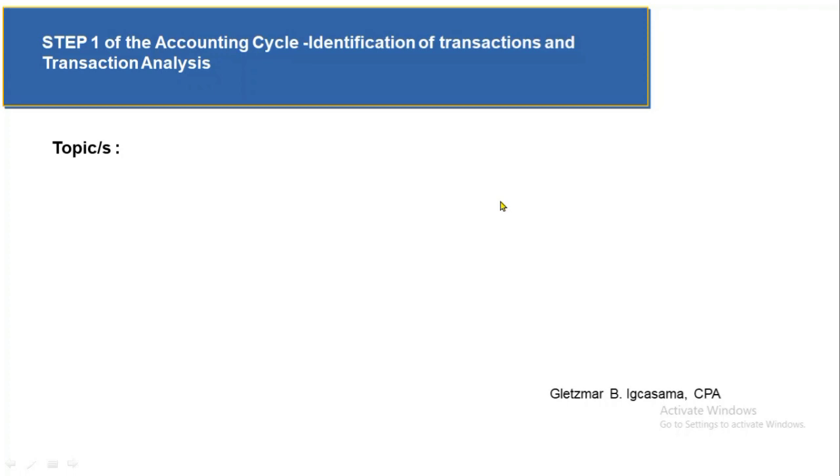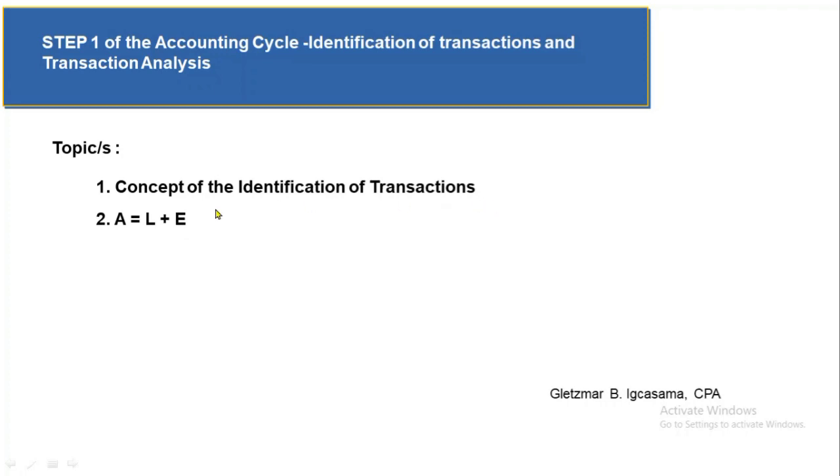This video aims to let you fully understand the identification of transactions as well as analysis of transactions, which is step 1 in the accounting cycle. This lecture contains the following: the concept of identification of transactions, and we are also going to discuss the significance of the accounting equation A = L + E. We are also going to enumerate the types of transactions that you might encounter as well as their effects on the assets, liabilities, plus equity.